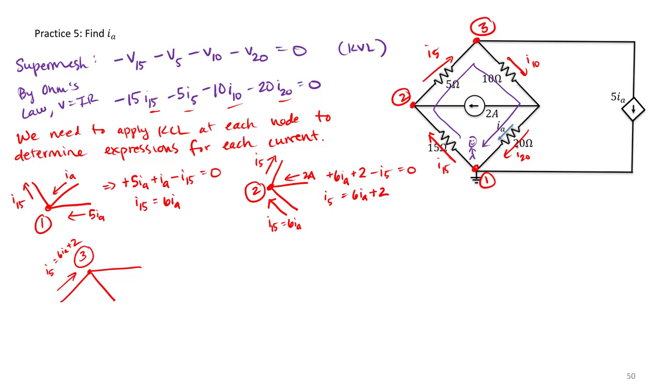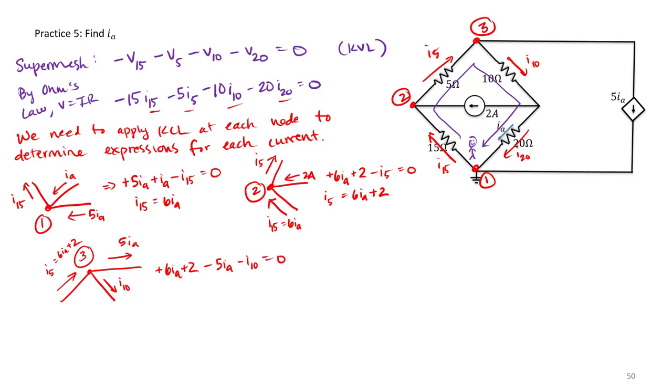I also have 5IA leaving from that dependent source, and I have I10 leaving and going through the 10 ohm resistor. By Kirchhoff's current law, I can say I have plus 6IA plus 2 entering, minus 5IA leaving, minus I10 leaving.